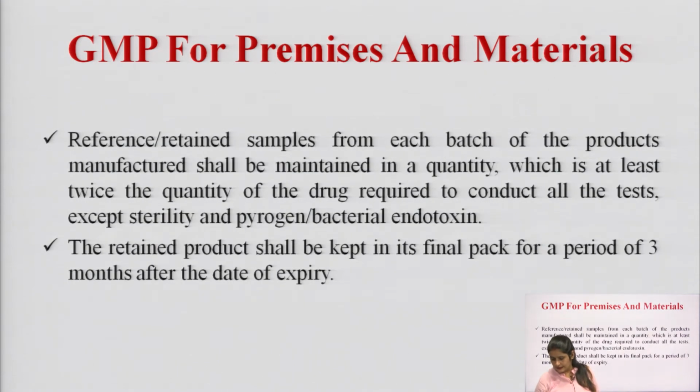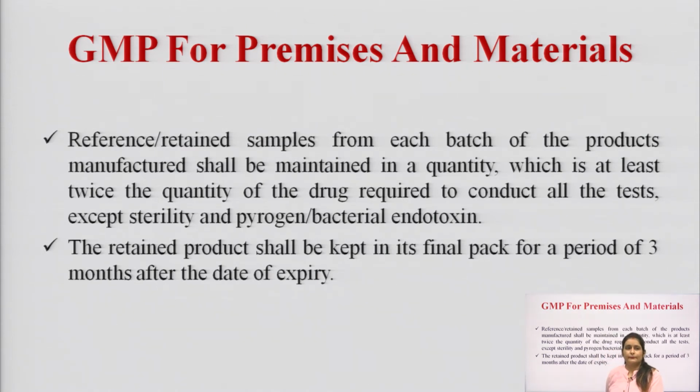Reference, or retained, samples from each batch of the product manufactured shall be maintained in quantity. The quantity of the product manufactured in the company must be double, because the particular product goes for so many tests, and the reference and retained samples are used for future reference, except for sterility and pyrogen or bacterial endotoxins.